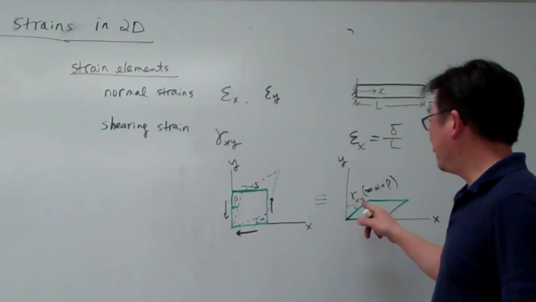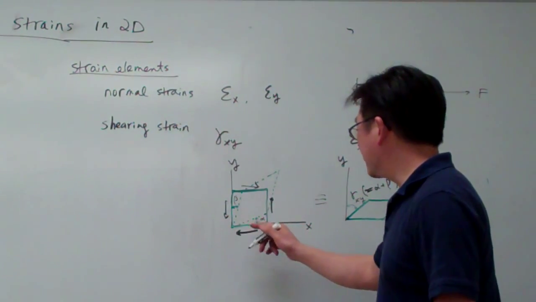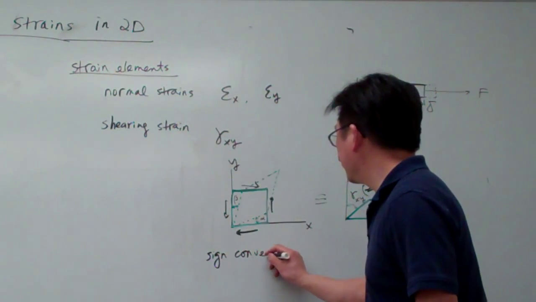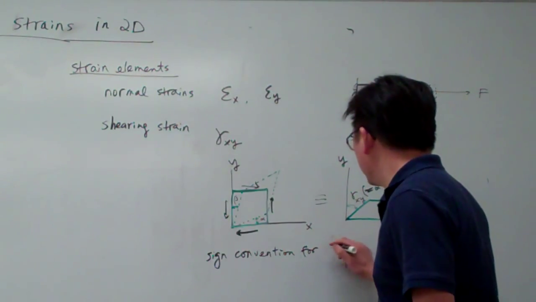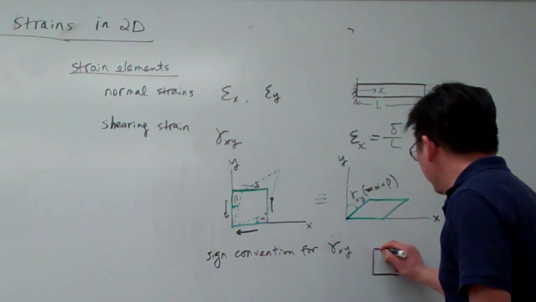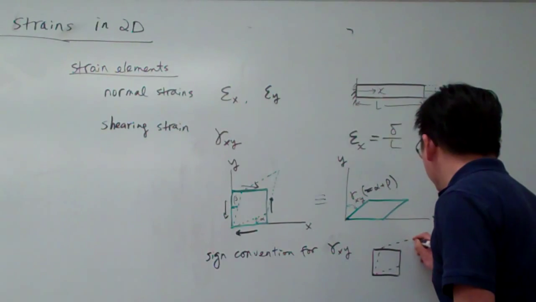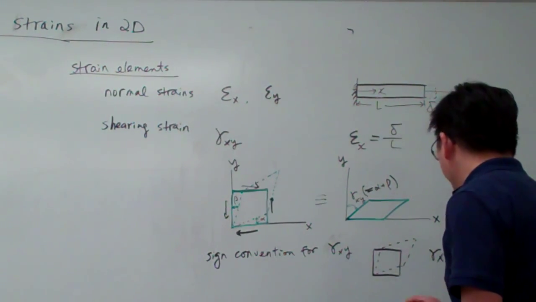For sign convention, this one is defined as positive. If we have undeformed and then deform into this, gamma xy is positive.